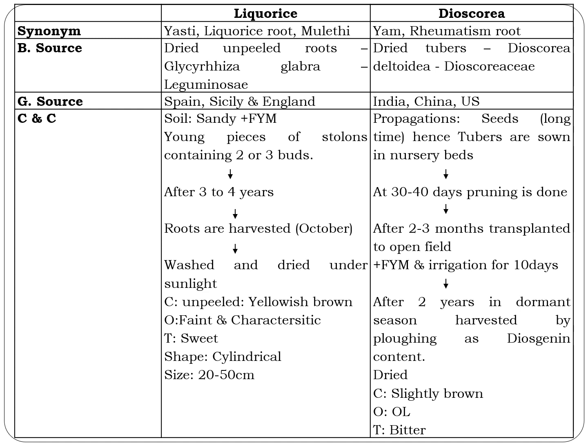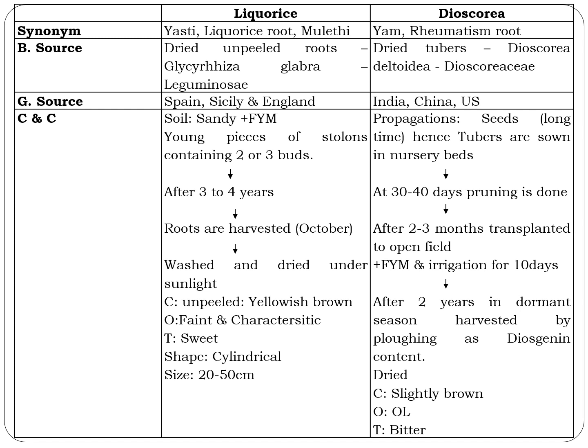In the case of Dioscorea, the seeds can be propagated, but it takes a long time. Hence, Dioscorea is propagated by vegetative propagation using tubers. At 30 to 40 days, pruning is done.